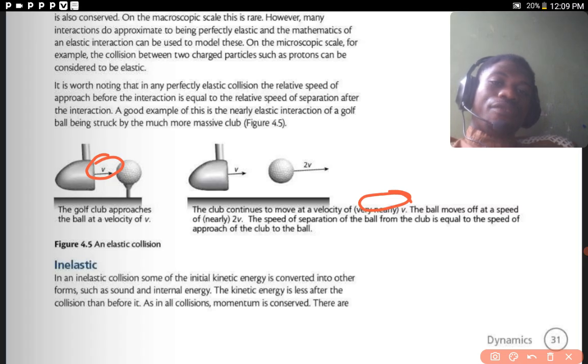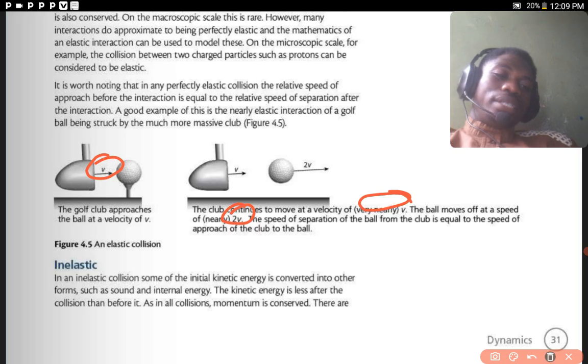After impact, the ball moves up at a speed of 2v. The speed of separation of the ball from the club is equal to the speed of approach of the club to the ball. In this situation, we can consider an elastic collision. I believe there's nothing I have not explained.